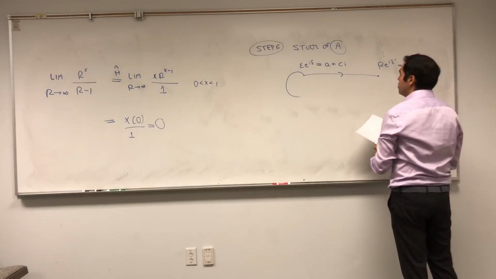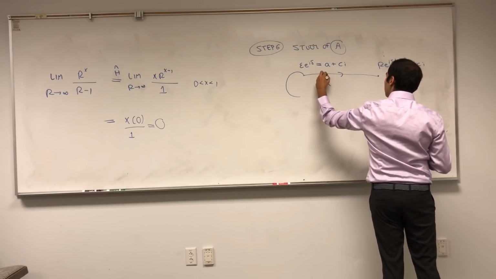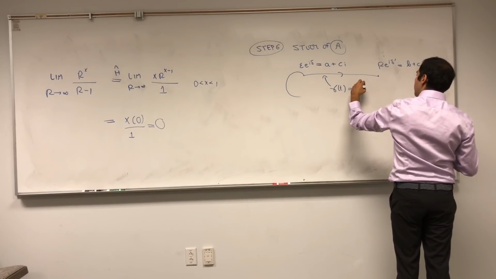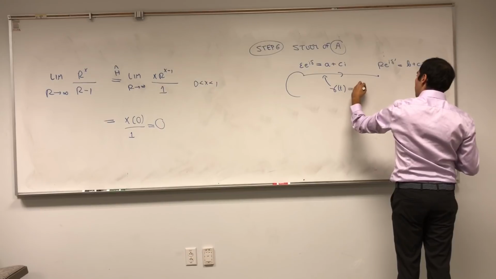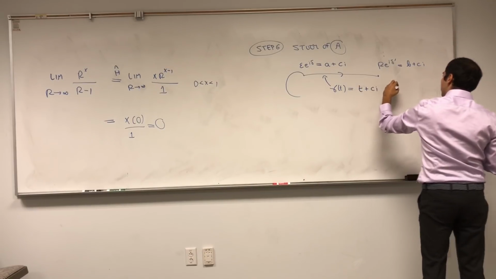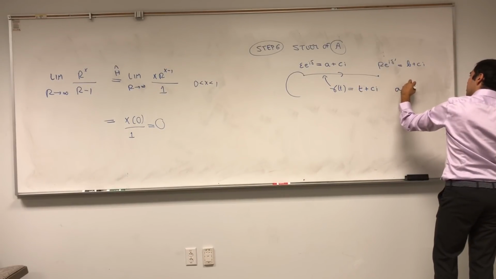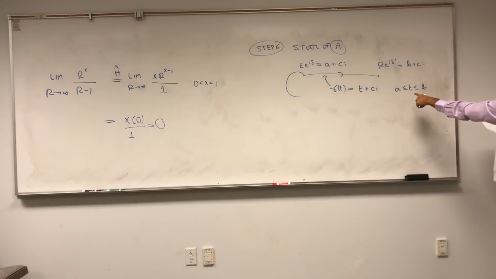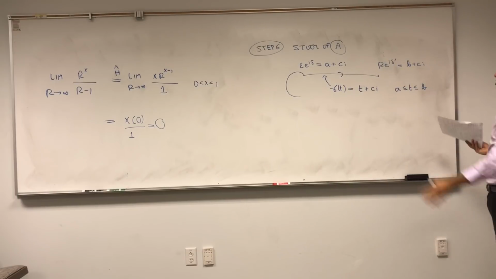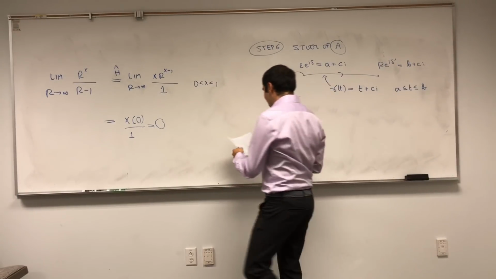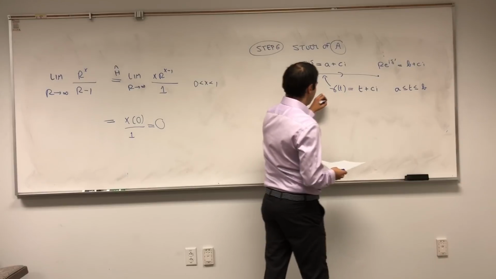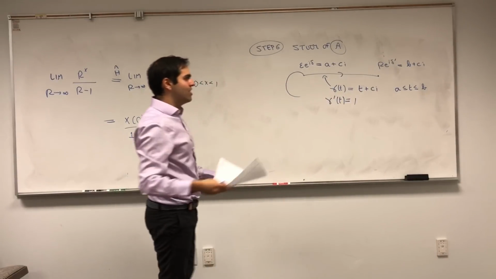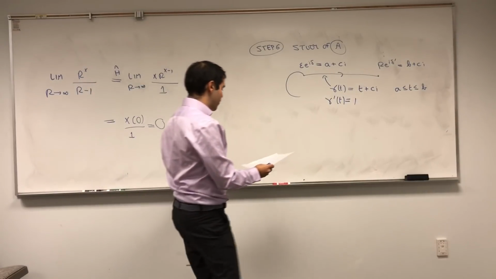In other words, what is γ(t)? It's just t + ci, because if you start at a, you get a + ci, and if you finish at b, you get b + ci. So this does work. Also γ'(t) is 1, which tells us it's good. We don't have to worry about the derivative term.